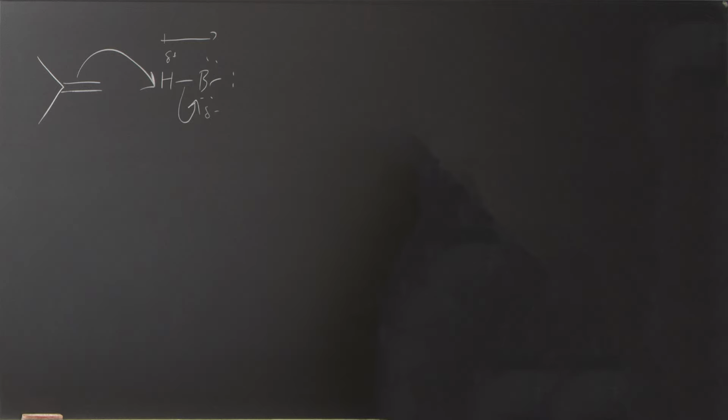Those pi electrons are attracted to the HBr, so we see an attack on the hydrogen. Now, it's going to let go of the bromine because it wasn't holding on that well in the first place. It's a strong acid. Then we're going to end up with the bromine ion as our leftover, the bromide anion.